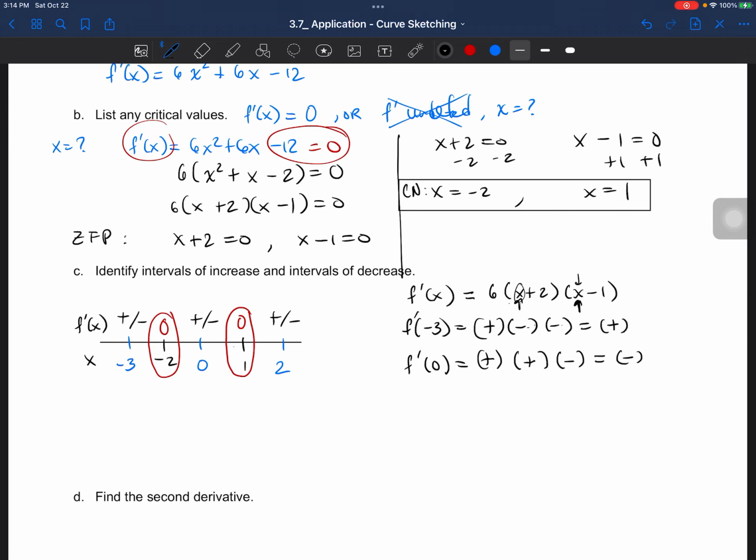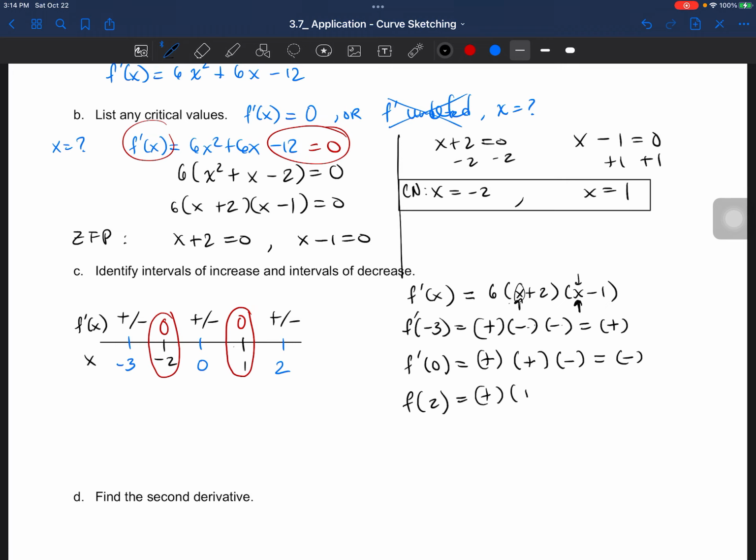Again, we're multiplying, so this will give us positive times negative, which gives you a negative. So that's the reason why we're using the factor form. This wouldn't work if we had used this instead, right? We would actually have to find the actual number, the end result of this. But here, we just have to play around with the signs.